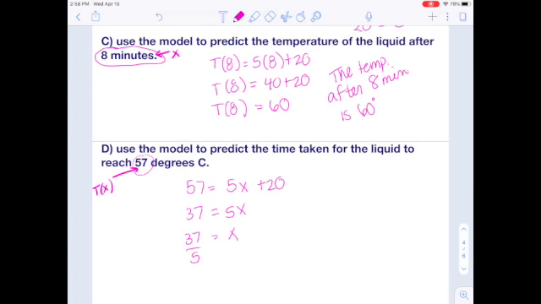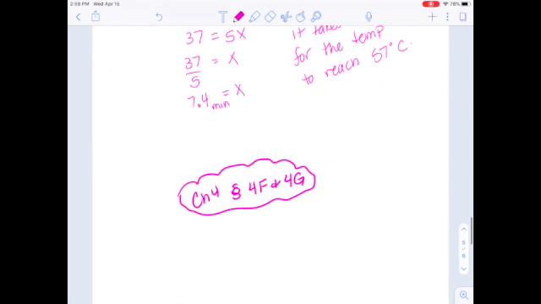So x is equal to 37 divided by 5. No big deal. That's a decimal or a fraction. It's just 7.4, and that would be minutes. So it takes 7.4 minutes for the temperature to reach 57 degrees Celsius.